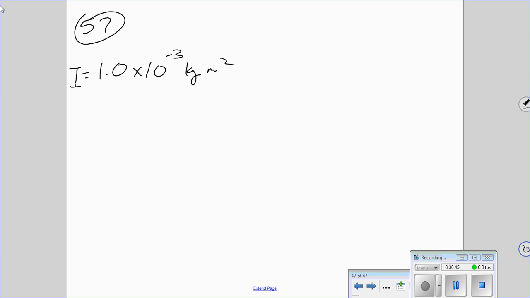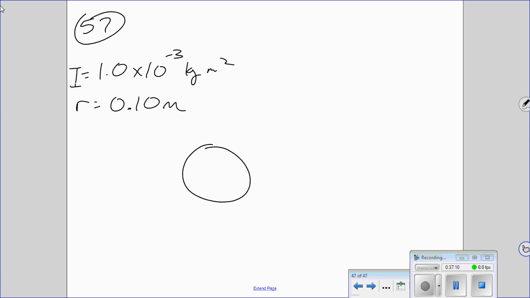All right, so everybody cool? We know the rotational inertia. We know the radius is 10 centimeters, which I'm going to right away convert to meters. I know that it's acted on by a force applied tangentially at its rim. So let's talk about that, you guys. Here's the pulley. When I say that the force is applied tangentially at its rim, what does that mean?